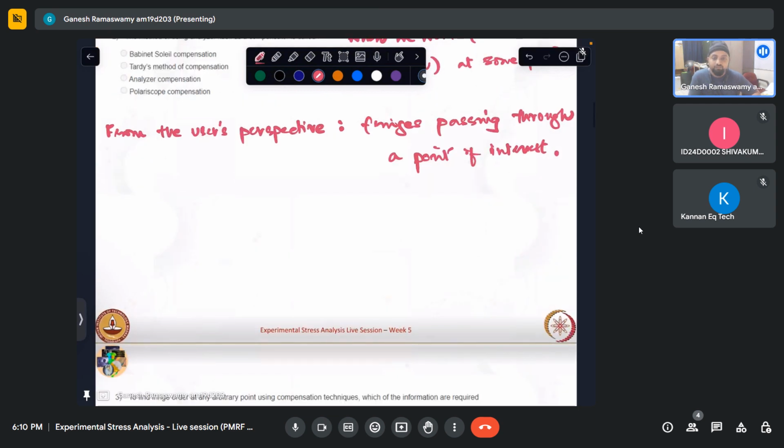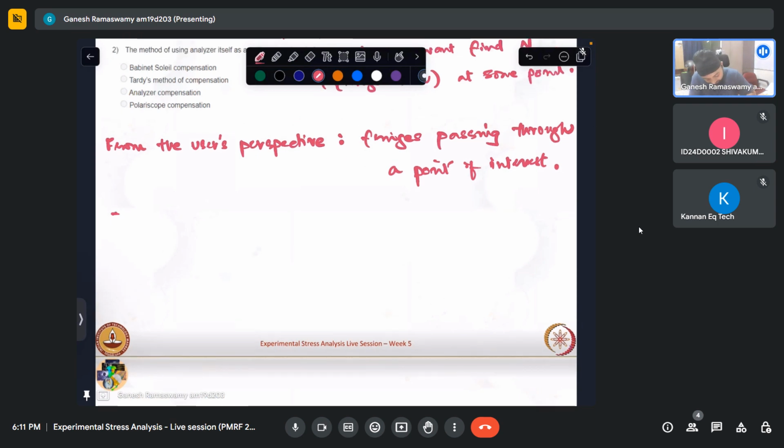So if I can make one of the fringes, a known fringe, pass through that point of interest, and I know the mathematics behind it, then I can figure out the fringe order at that point. We are trying to artificially compensate for the retardation that has been brought about at that point. For the fringe order, we are looking at isochromatic fringes.